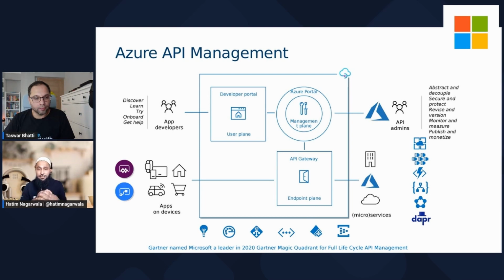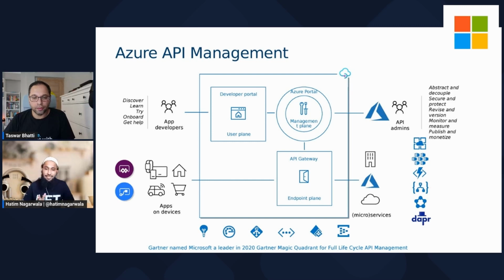Now, API Management consists of mainly three main components. One is the management pane, which is present on the Azure portal. The people who are managing your APIs, connecting your APIs, handling authentication and a lot of other stuff, handle that through the management pane.